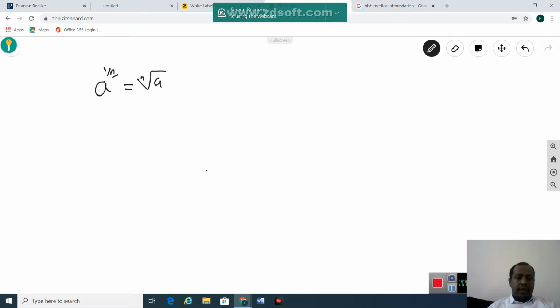And if the numerator of the fraction is different from 1, let's say m, then a to the power of m over n is the same as the nth root of a to the power of m.